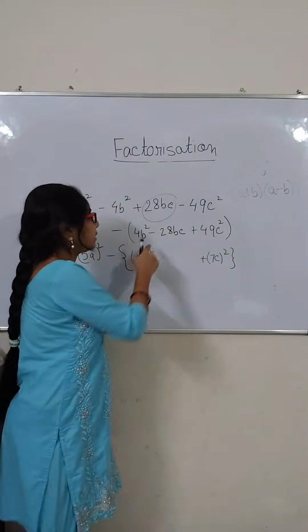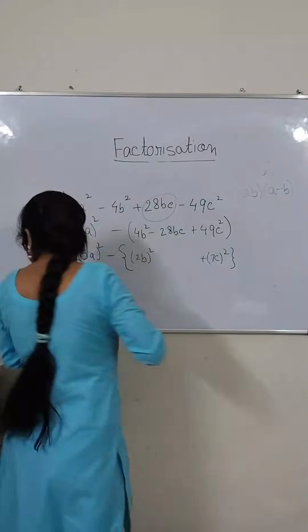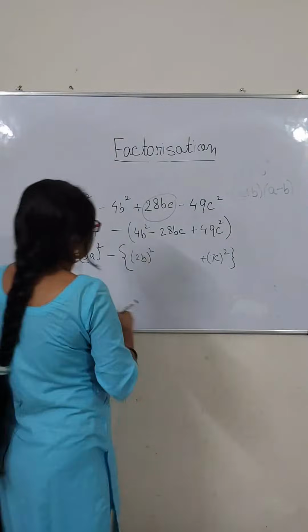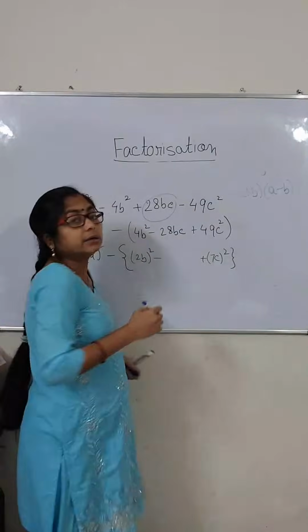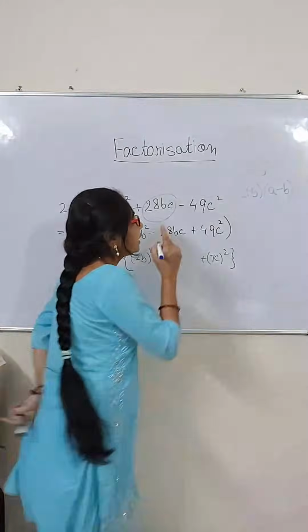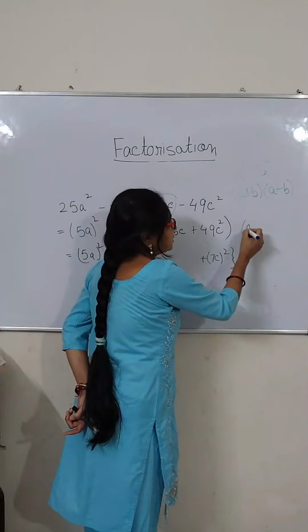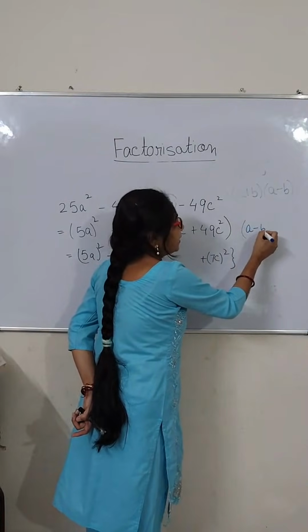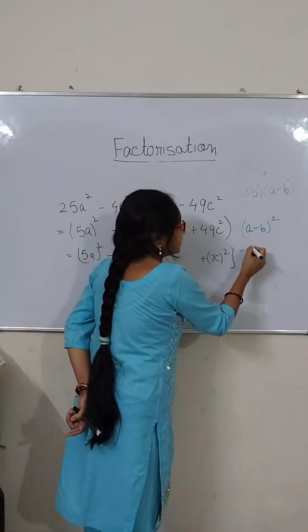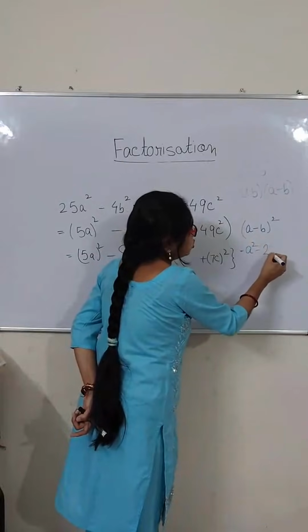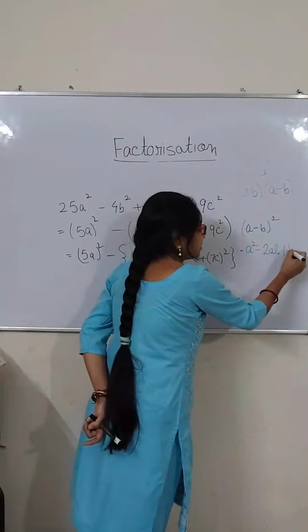Now there is a minus sign, so I put the minus sign. Now what's the formula? There is a new formula: a minus b whole square is a square minus 2ab plus b square.